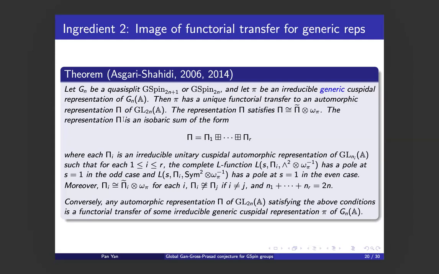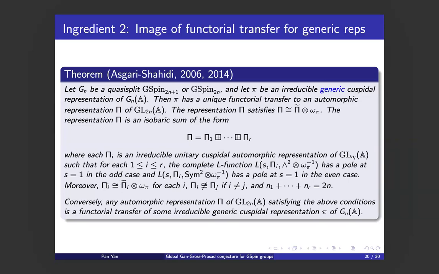And the representation capital Pi is an isobaric sum of the following form, where each piece, capital Pi_i, is an irreducible unitary cuspidal representation of GL_{n_i}, such that there is an L function condition for each piece capital Pi_i. The completed L function, either the exterior square, twisted exterior square, or twisted symmetric square L function, has a pole at s equals 1 in the odd case or in the even case, respectively.